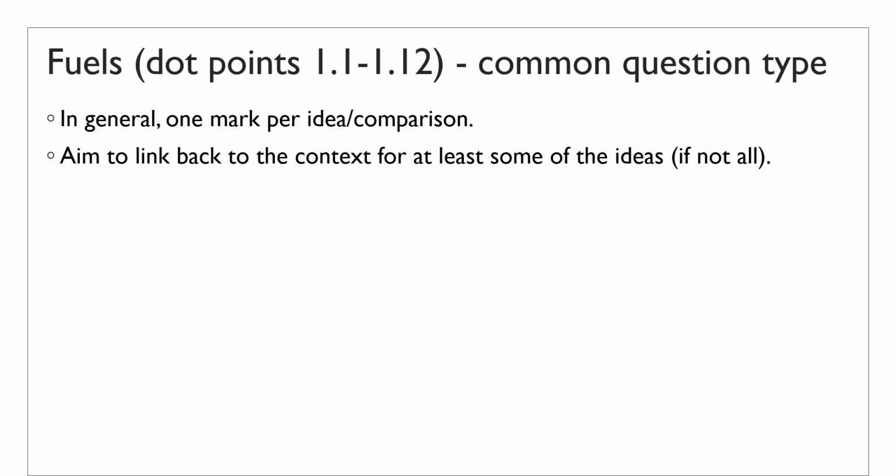If you can't link every single point back to the context, aim to link at least a couple. Sometimes it is quite difficult to link every single point in your answer, especially with a longer answer. Like last year, the last question was 8 marks. It's very difficult to link every single point back to the context, but aim to link at least a few.